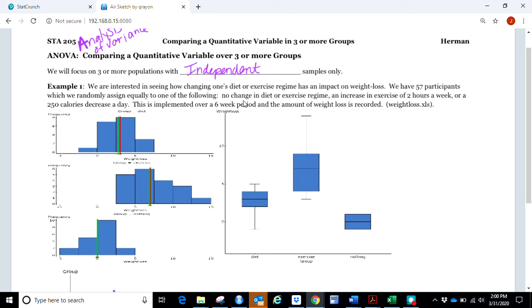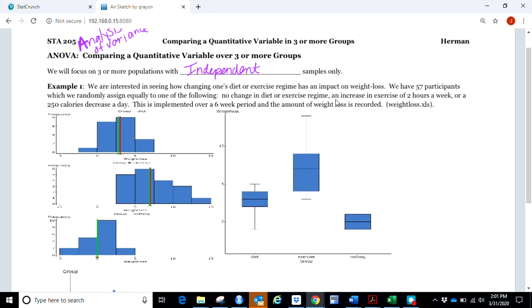We have one group that did no change in diet or exercise, sometimes referred to as a control group. We have a group that increased their exercise by 2 hours a week, and a group that decreased their calories by 250 a day. This was done over a 6-week period, and the amount of weight loss is recorded.